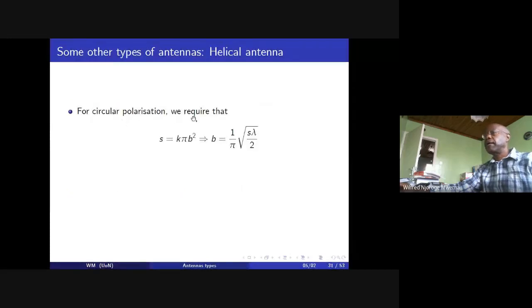So for circular polarization, we then require that S be equal to K multiplied by the area of the loop, or rather the radius of the loop must be equal to 1 by pi multiplied by the square root of S, that is the pitch of the helix, multiplied by the operating wavelength and divided by 2.